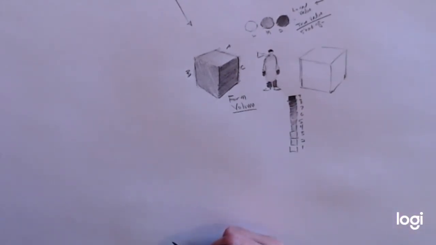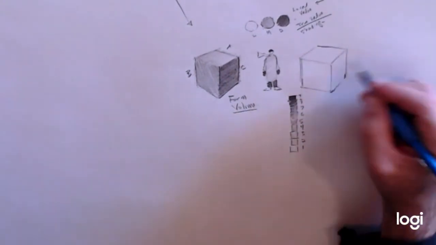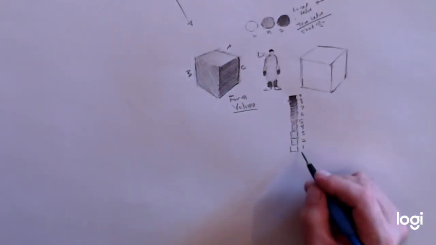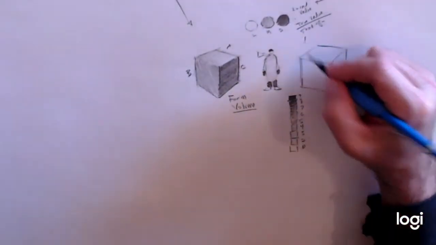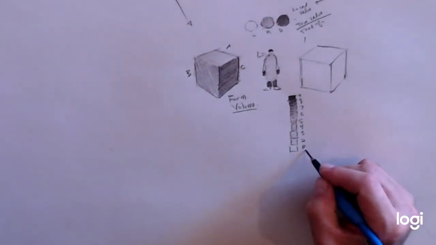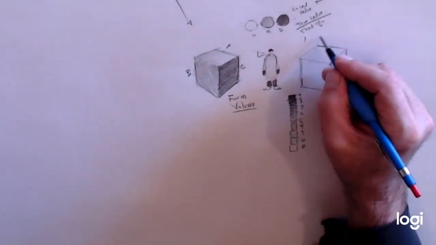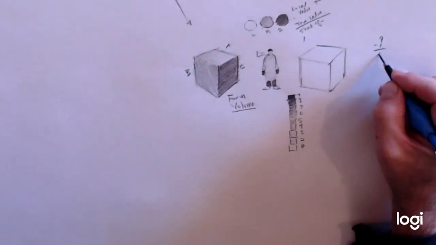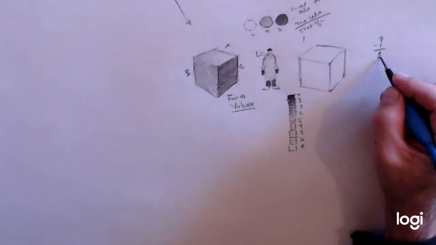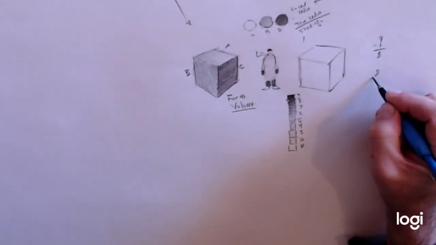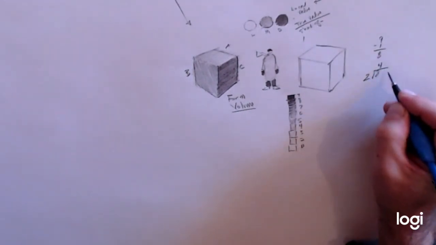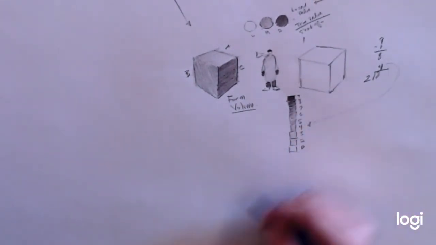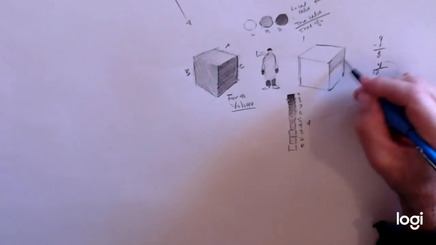Okay, so here's what you do. You take the value of the object. So let's say that the value of the object is a 1. So you take the value of the object and you subtract it from 9. So you would say 9 minus 1 equals 8, okay? And then you divide it in 2. 8 divided by 2 equals 4. The 4 right here becomes the value of the shadow side.